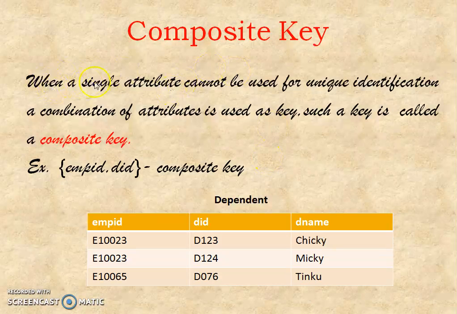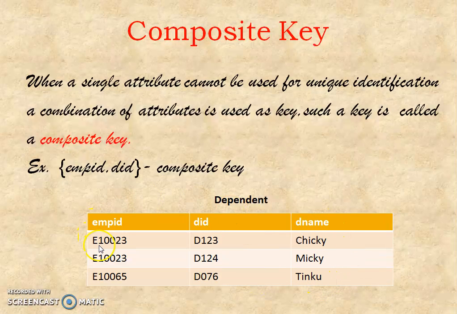Composite key. When a single attribute cannot be used for unique identification, a combination of attributes is used as key. Such a key is called a composite key. Here you can see EMP ID and DID acts as a composite key. I'm showing here a relation dependent which has three fields: EMP ID, DID and DName. Suppose this is a dependent table for an employee table. Employee IDs are here and dependent IDs are there, as well as dependent names.